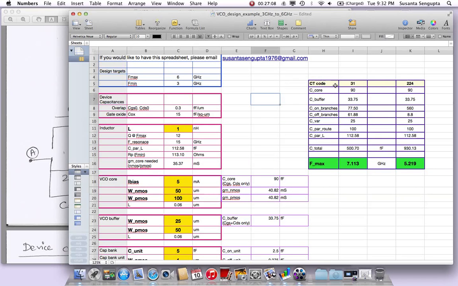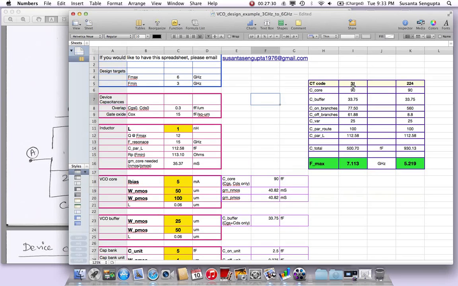How many codes do you want to spare at the lower end and at the higher end? That's all based on how much the process shift is happening. But typically, what I do is leave around 20 to 30 codes, so that you don't use code 0 to hit Fmax, but you use a code like, say, 31 in this case.